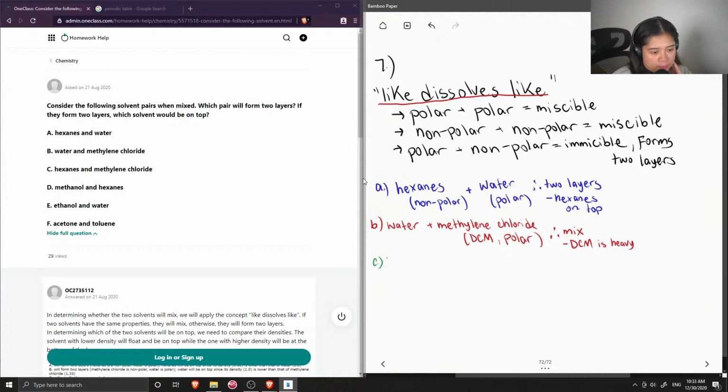So C, hexanes and methylene chloride will form two layers. And again, the hexane will be on top.